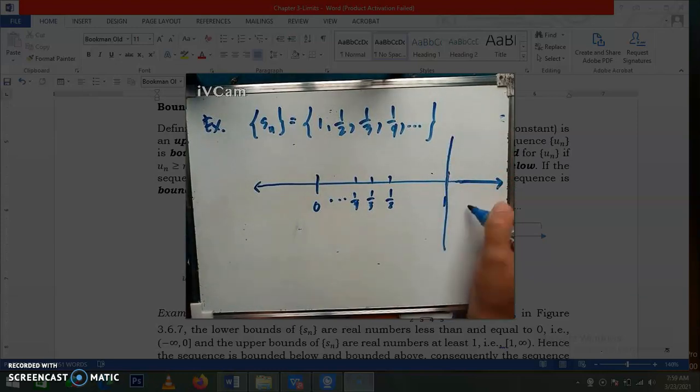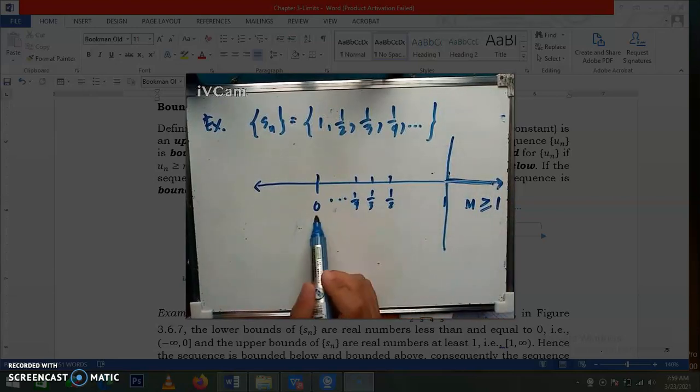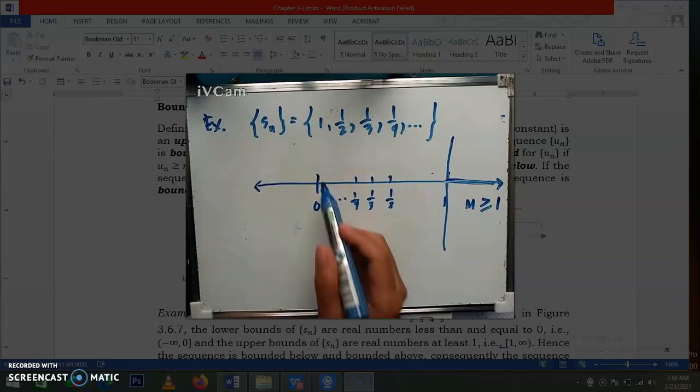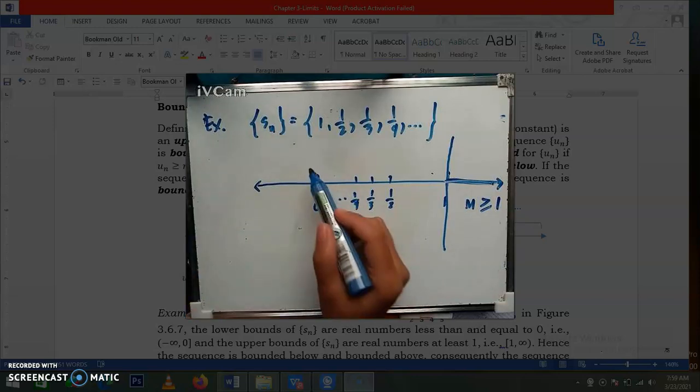It means big M is greater than or equal to 1. So these are our upper bounds here. Then for the lower bounds of the sequence, since the terms of the sequence approach 0, 0 and anything less than or equal to 0 are all lower bounds.